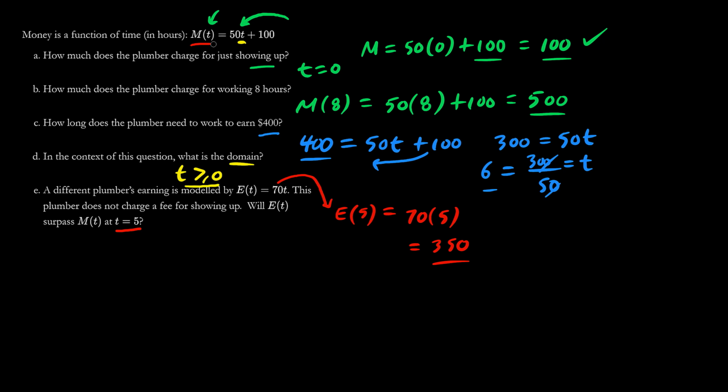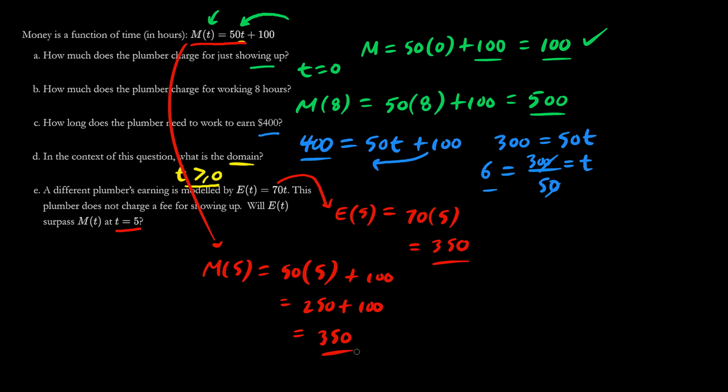Whereas the original plumber, M, is going to charge, after 5 hours, 50t plus 100, which is $250 plus 100, which is $350. So both plumbers charge the same amount.